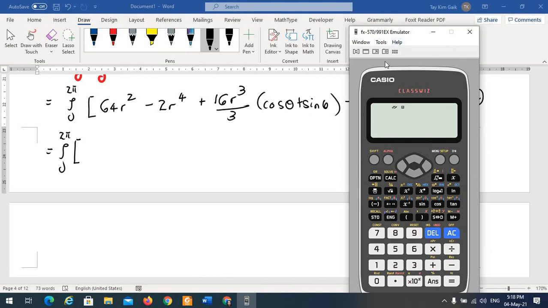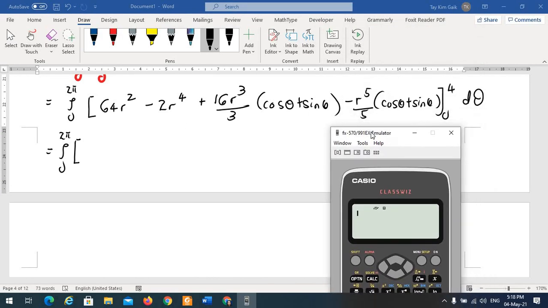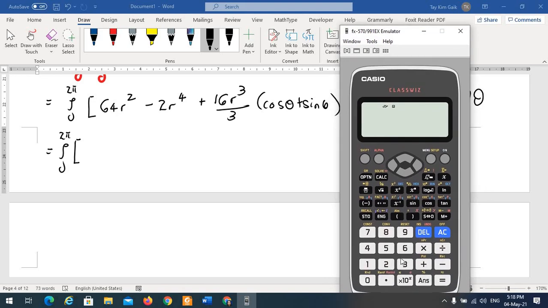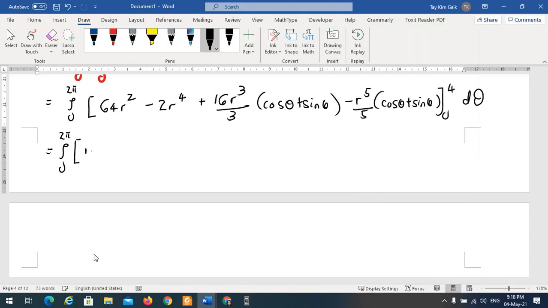So now we're going to plug in 16 times 64 times 16. So 1024. Okay.